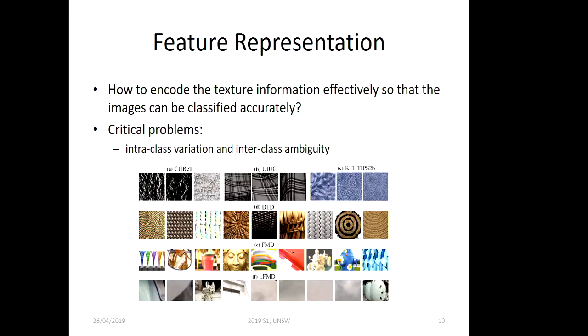Lots of the feature representation techniques can encode those detailed structures in the image in some very mathematical way. It's hard for us to interpret how those algorithms are actually doing those encodings, but they do work really well.